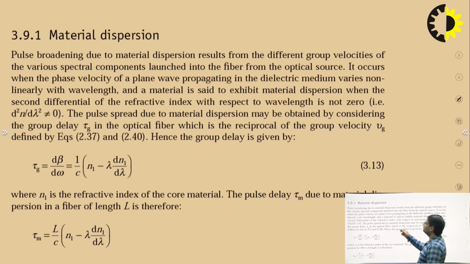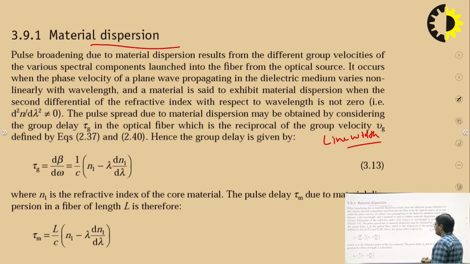Here we have the derivation for the material dispersion. Basically, material dispersion occurs because of the propagation delay difference among the spectral components of a single mode. This occurs due to the finite spectral line width of the optical source. So different spectral components of the same mode propagate with different velocities.